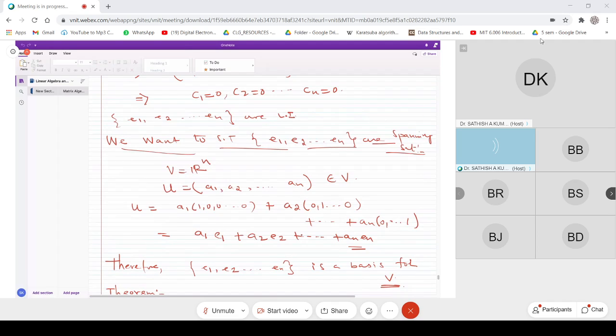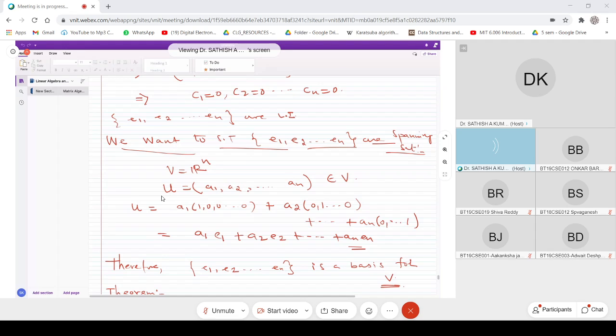And next we want to show that this set is a spanning set. This is what we had discussed yesterday. So we take a vector something like this: a1, a2, etc., an. This should be expressed as a linear combination of the vectors. That is fine, because a1 you take out, it can be expressed as 1 0 0 0 etc 0. Only that first term is a1, so you will have 1 here.